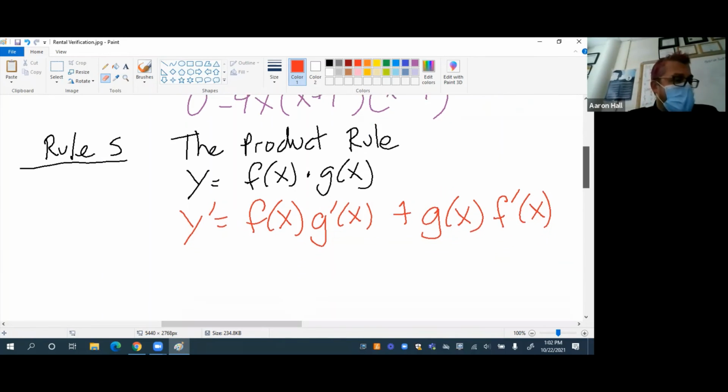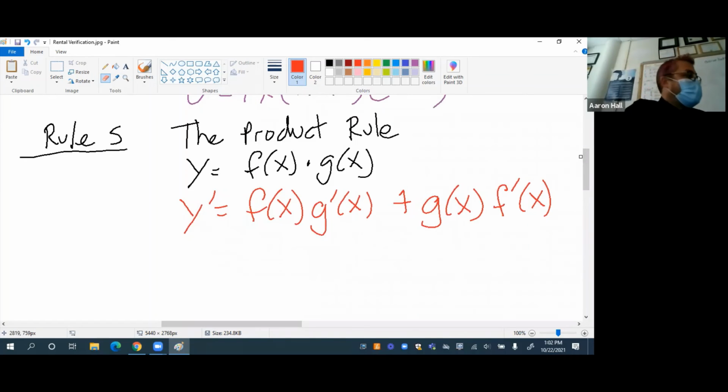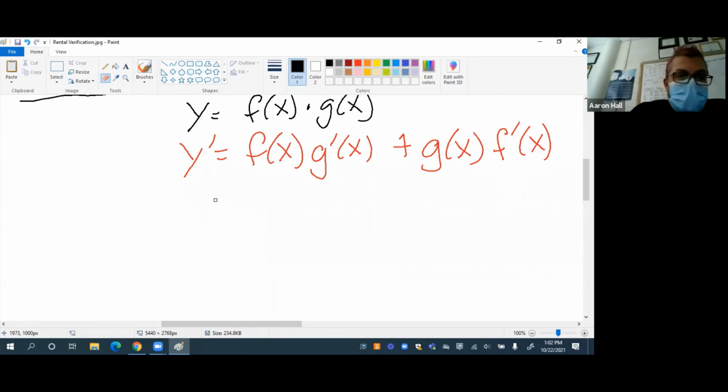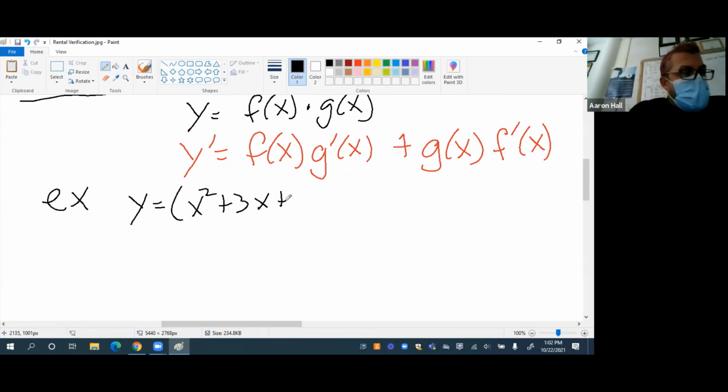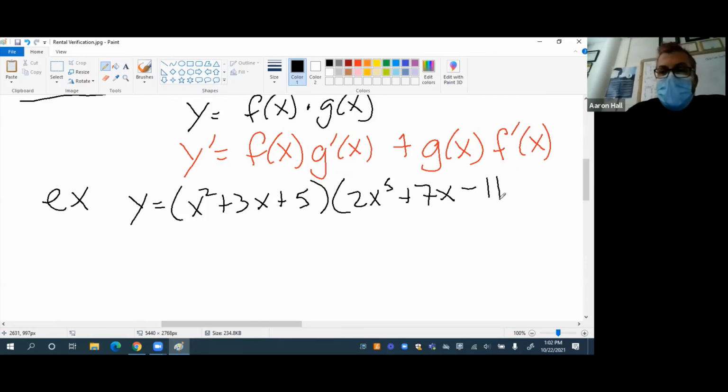All right, let's do an example. Here is my example. I have y equals x squared plus 3x plus 5 times 2x to the power of 5 plus 7x minus 11.